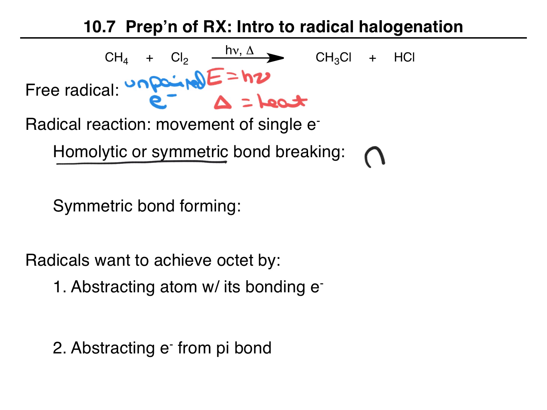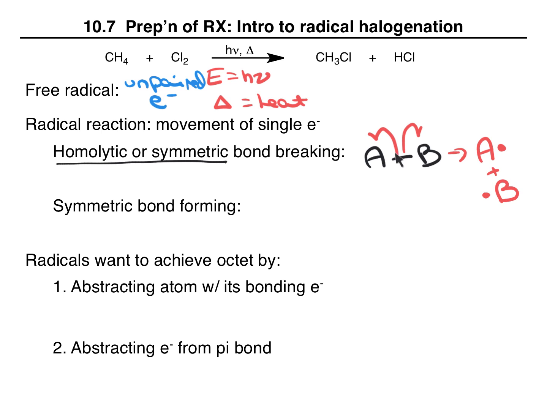So maybe we have A covalently bonded to B. A homolytic or symmetric bond breaking means instead of both electrons going to one atom, one electron goes to each atom. So one electron goes here and one electron goes here, giving us A and B.